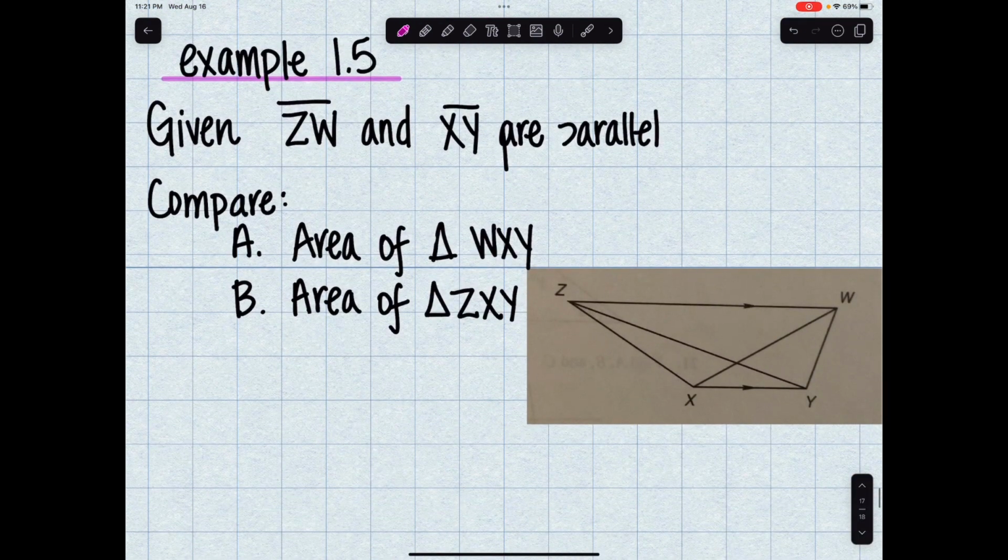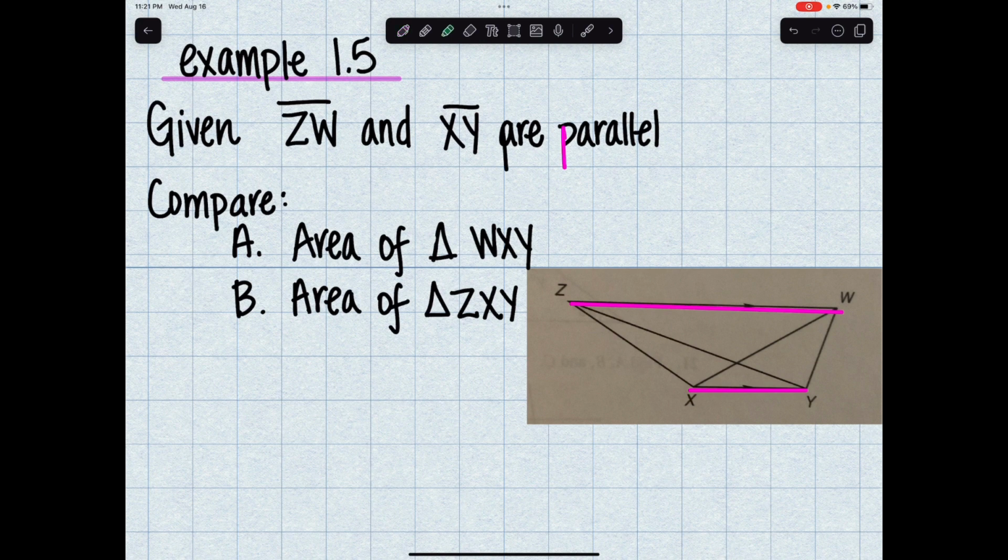Let's do example 1.5. Here they tell us, and they have to tell us, that they're parallel lines. You can't assume that they're parallel. That ZW is parallel to XY. They want us to compare the areas of two triangles. Ooh, I love this problem. This is awesome. Okay, which two triangles are we looking at here?